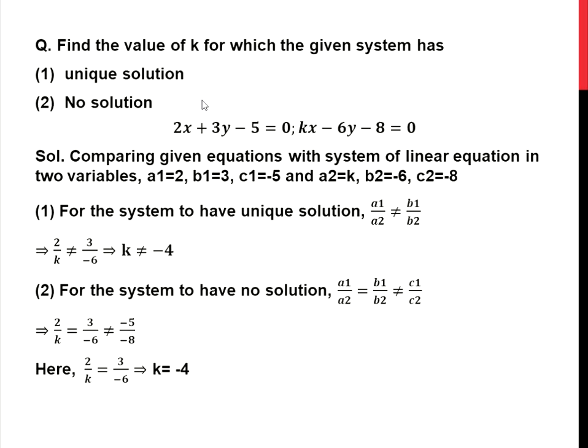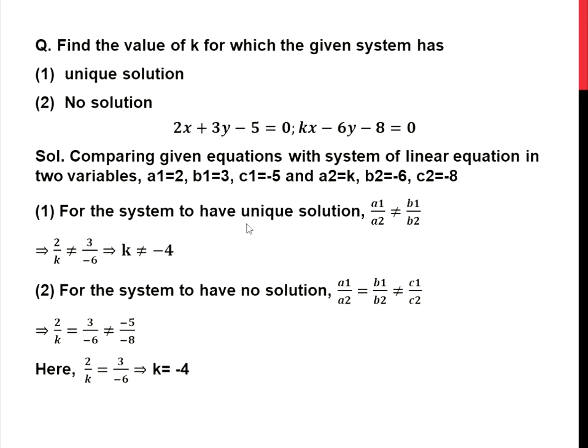Now let us discuss second question. We have to find value of k for which the given system has first unique solution and second no solution. We have to solve these two parts for this system. Again we compare the given system with the system of linear equation in two variable. We find the values of a1, b1, c1, a2, b2 and c2.